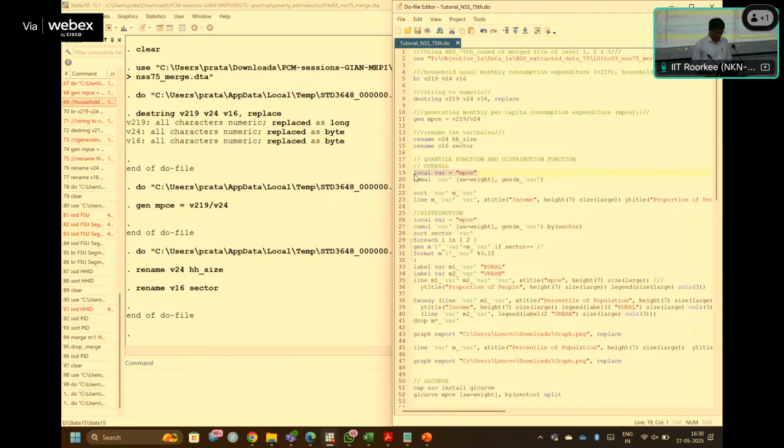Not running simultaneously, there might be a little bit of error because the comments are not complete, so it might not work. I checked, it's working, but let's do it this way.